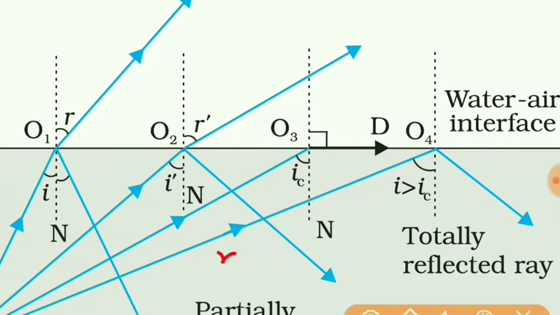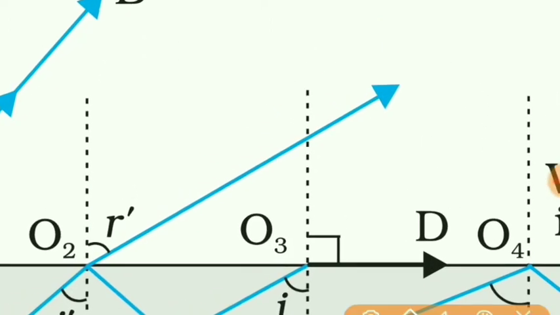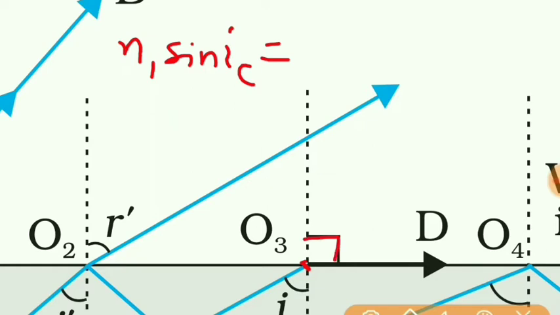This medium is N1 and this medium is N2. So when we apply Snell's law, we write N1 sine of the incident angle, which is IC here, equal to N2 sine of the angle of refraction. What is the angle of refraction?